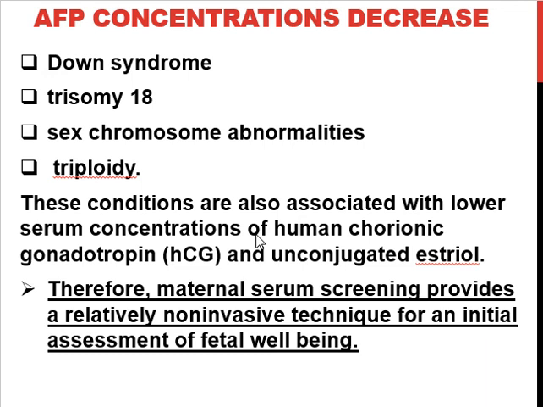These conditions are also associated with lower serum concentrations of human chorionic gonadotropin and unconjugated estriol. Therefore, maternal serum screening provides a relatively non-invasive technique for an initial assessment of fetal well-being.